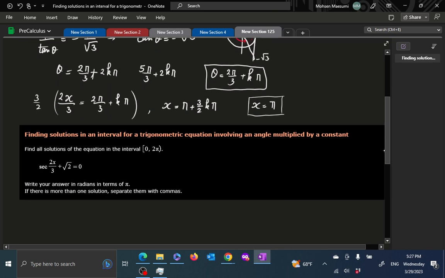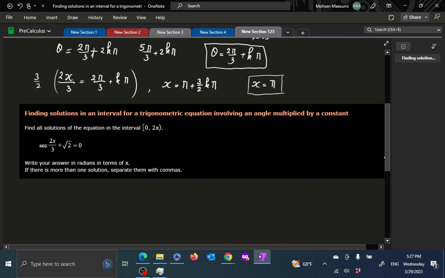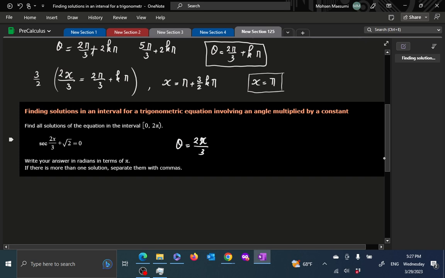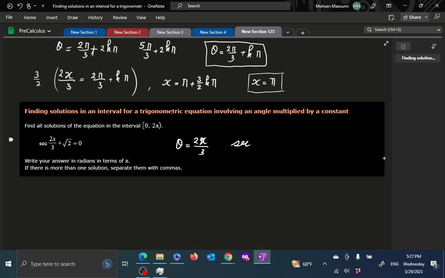Next, we have an example with secant. Let's take theta to be 2x over 3. So I have secant of theta equal to, take radical 2 to the other side, minus radical 2.